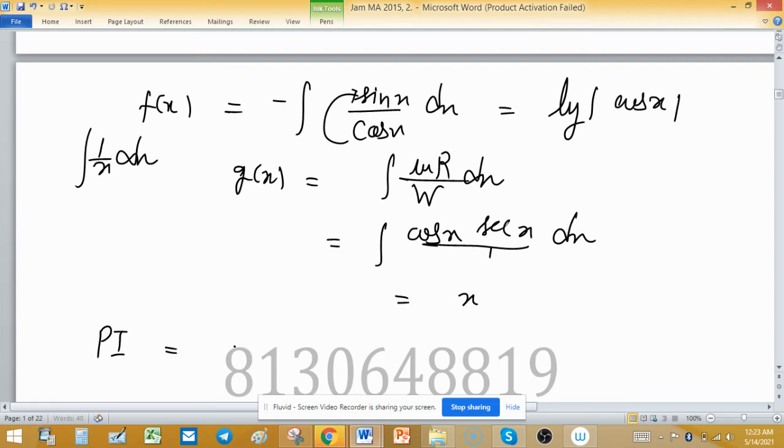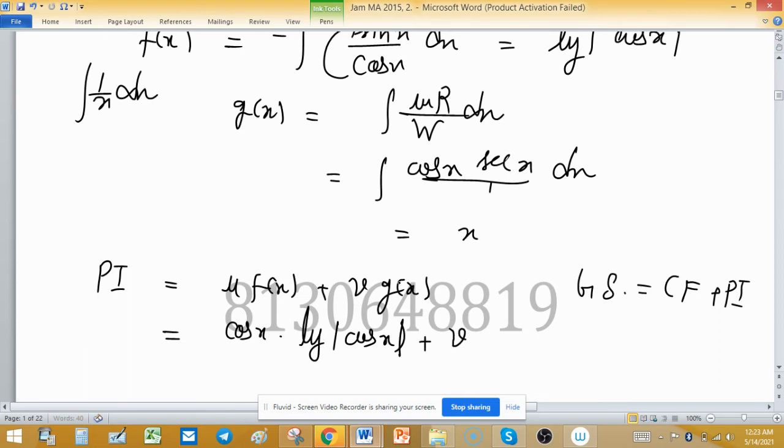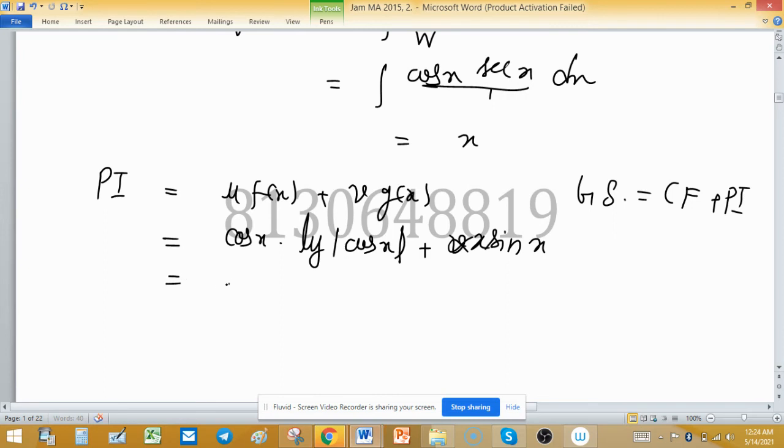So the particular integral can be written as u f(x) plus v g(x), which is cos x times log of cos x, plus sin x times x, that is, cos x log of cos x plus x sin x. This is our particular integral.